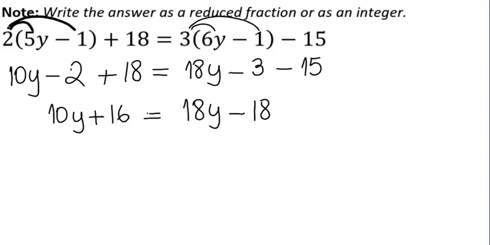Okay. Now I have variables on both sides. I have to bring the variable to one side and take numbers to the other side. So what are we going to do here? What do you guys want to do? This 16, get rid of the 16. Okay, so let me subtract 16 on both sides.